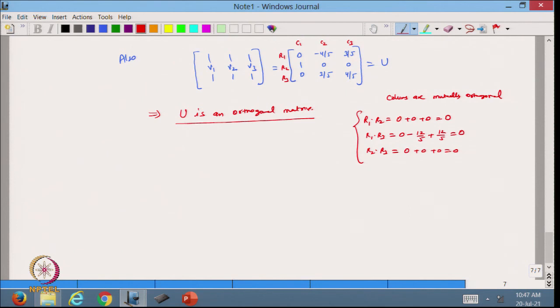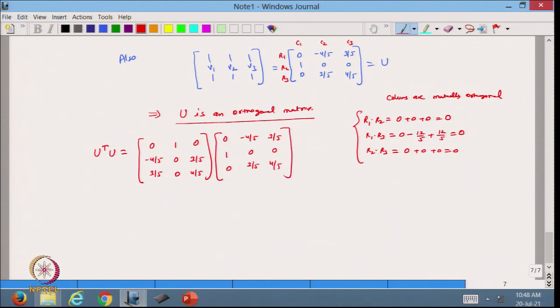So, that is the definition of an orthogonal matrix. Now, starting with the orthogonal matrix, let us find U transpose U. U transpose will be 0, minus 4 by 5, 3 by 5; 1, 0, 0; 0, 3 by 5, 4 by 5, and then taking U itself, I am taking the dot product.